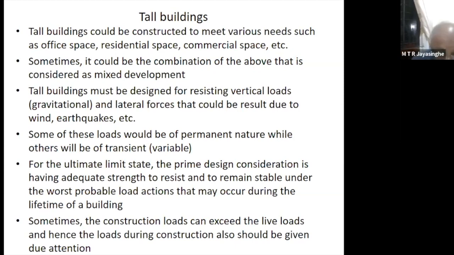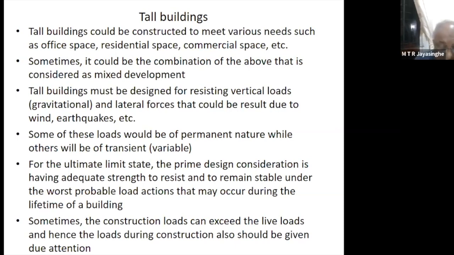But if you have very weak soils, where you have to rely a lot on end bearing and the skin friction within the bedrock, then you'll find minimizing the weight of the structure is also important. So in a tall building, we have vertical loads and lateral loads. Lateral loads we have no control over, but vertical loads we can control. We must try our best to minimize the vertical load by using reasonably high strength material.